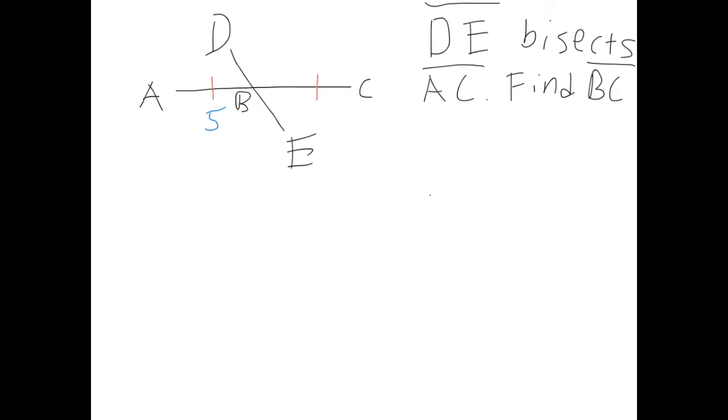Remember, we learned in a previous class that we mark bisectors by putting a little line through each side to mark that they are the same length, like it is done here in red. So we know that AB is 5, BC should be the same length, so that should also be 5. So BC equals 5. Easy so far? Good.